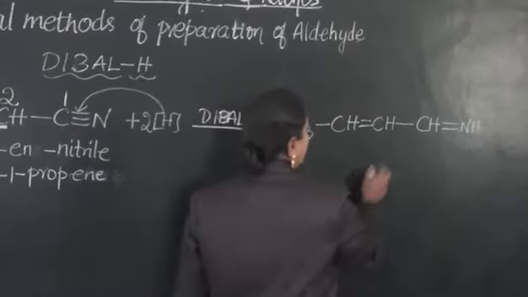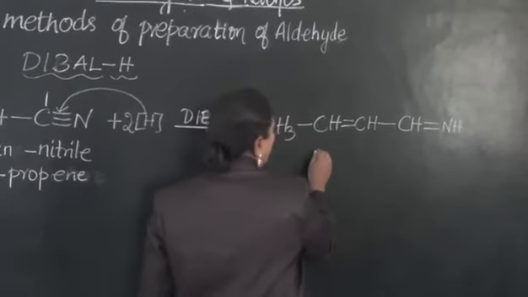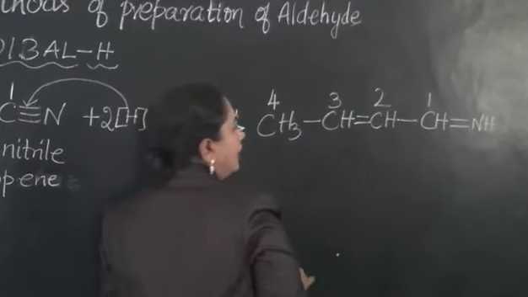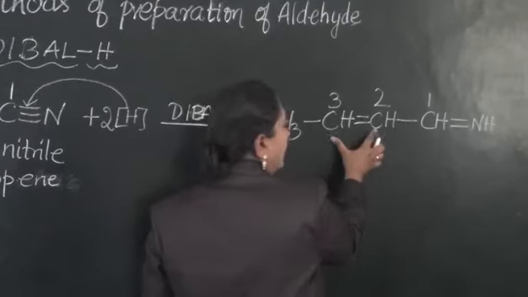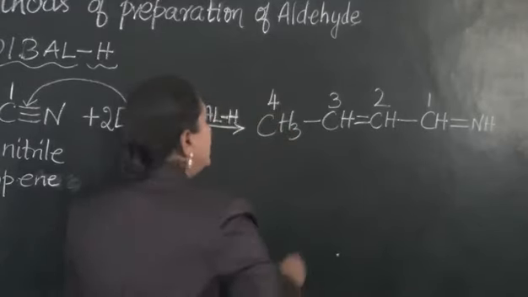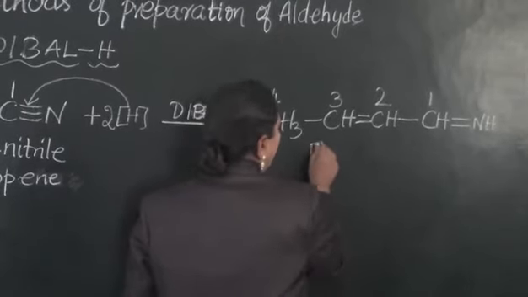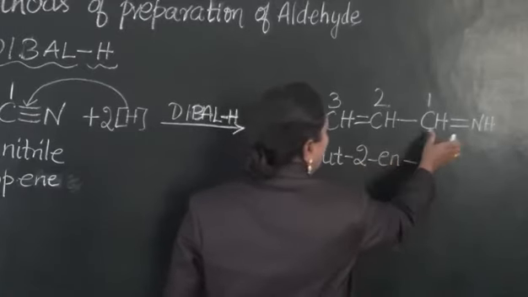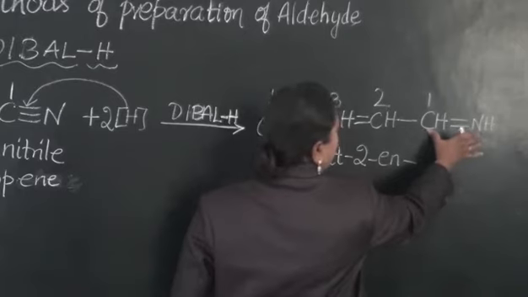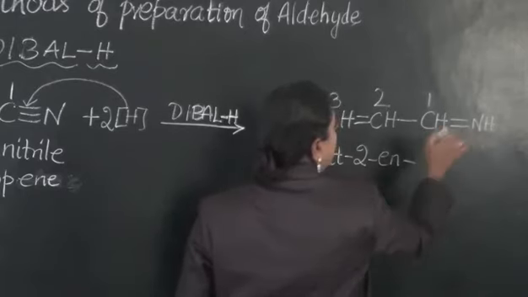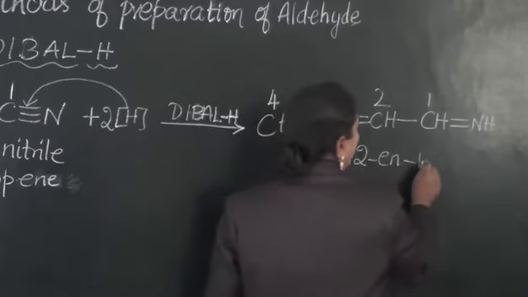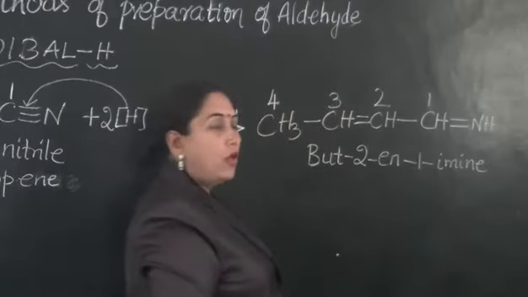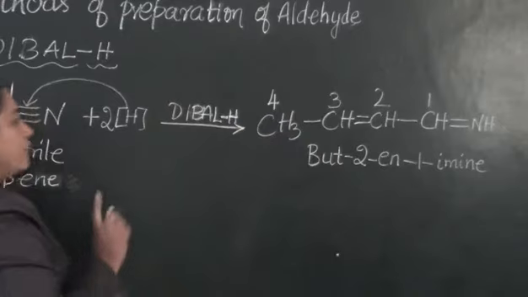What kind of imine is this? 1, 2, 3, 4: first, second, third, fourth carbon atom. Between the second and third carbon atoms there is a double bond. So the name of this compound can be written as but-2-en-1-imine, because between the first carbon atom and nitrogen there is a double bond and it is an imine. The name of this compound would be but-2-en-1-imine. So this is the first step of the reaction.